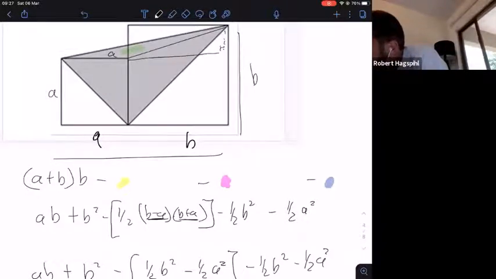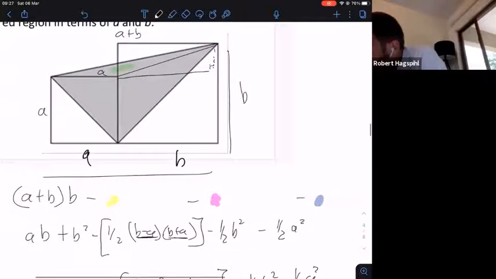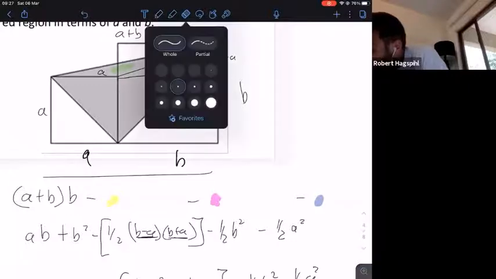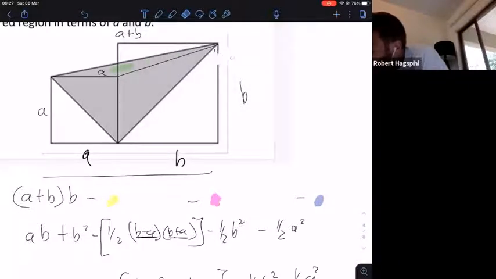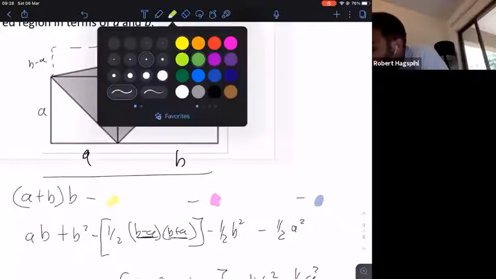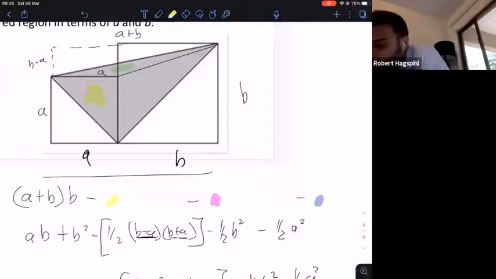The perpendicular height is b minus a. Let me put that height outside. There, that's the height of this triangle, b minus a. For the yellow, let me do that in a different color. For the yellow triangle, half a squared, easy.